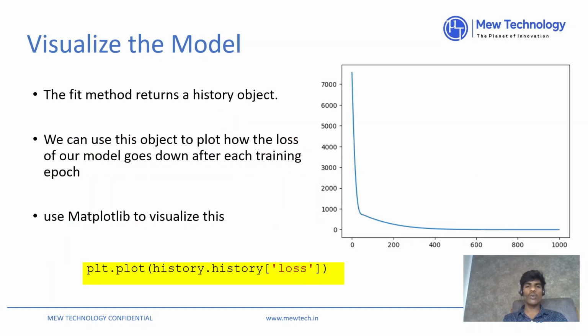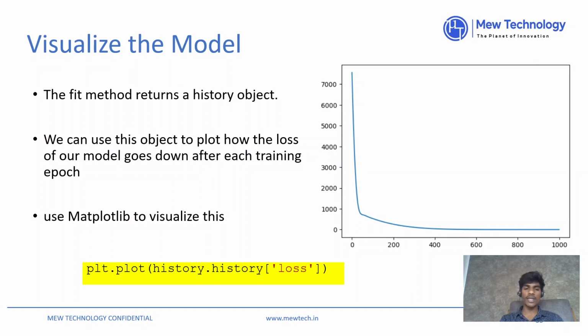Once I finish the training, I want to visualize how my model learned at every iteration. Here you see the x-axis is the epochs and the y-axis is the loss. We already saw this in matplotlib visualization, the same thing.